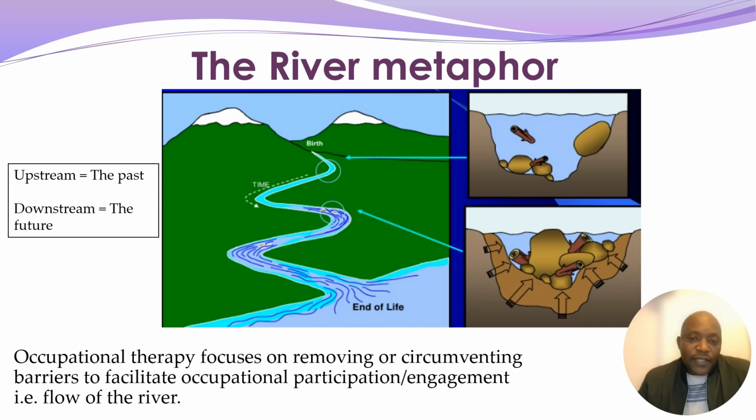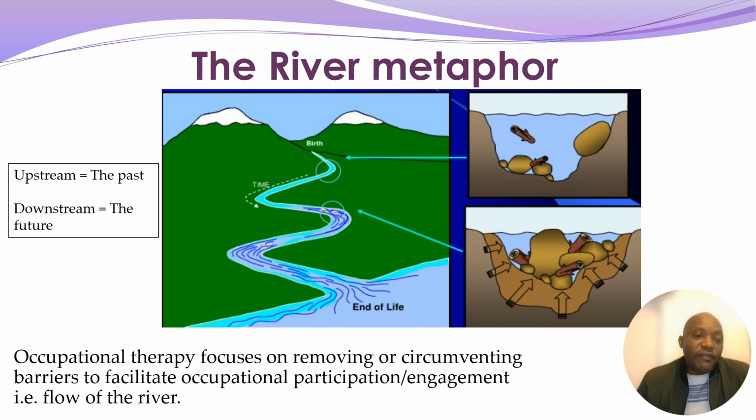So if you look at this image, the top image on the right side is actually showing a cross-section of the river, and it's showing that the river is flowing very well as compared to the picture at the bottom, where you can actually see that there's a lot of silt in the river, a lot of sediments, such that the flow of the river is now shallow. There are also a lot of rocks, which are restricting the flow of the river.